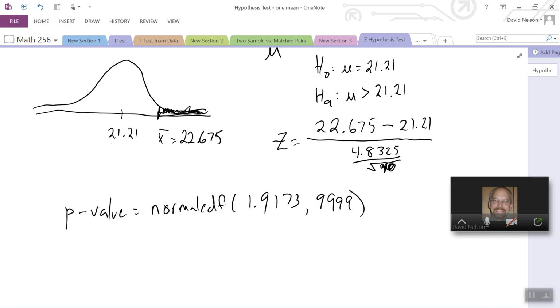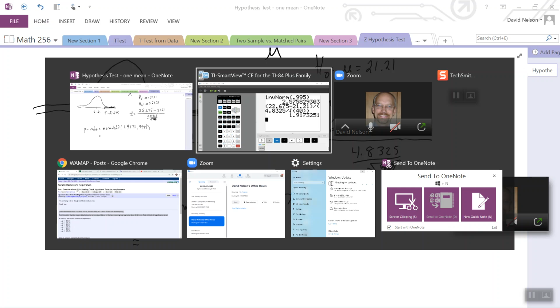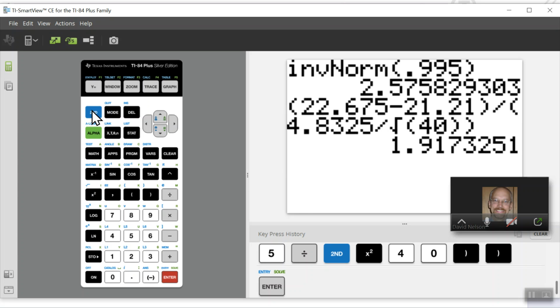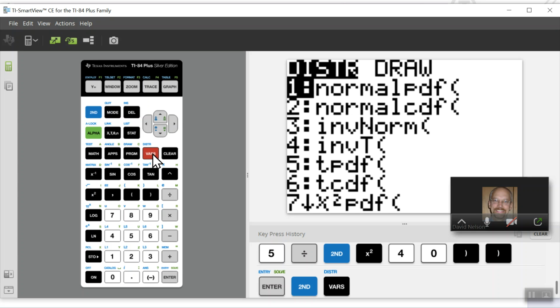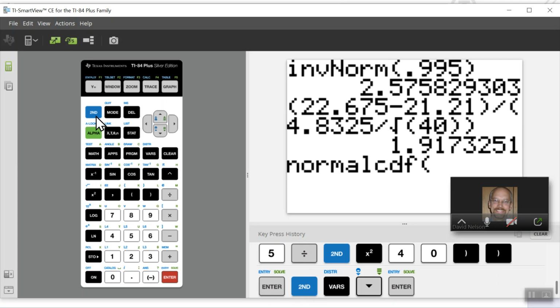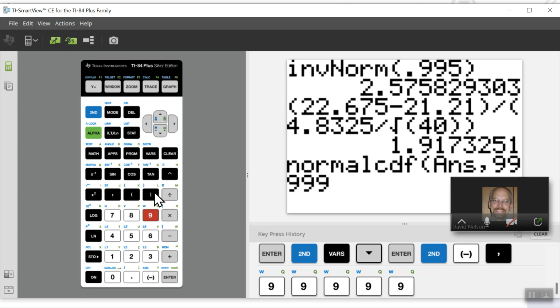That's going to give us my p-value, the probability that I will end up with a sample mean of 22.675 if the population mean is really 21.21. So let's go to my calculator. I want to go to distribution, normal CDF, and I want to go from that previous answer to infinity. So we'll put in a few 9s there.